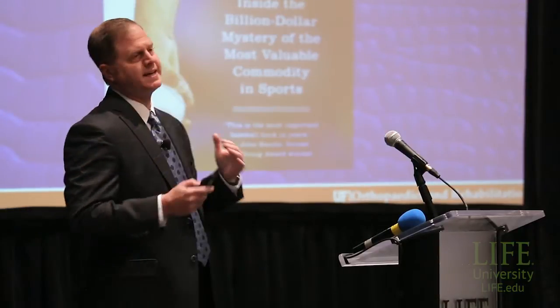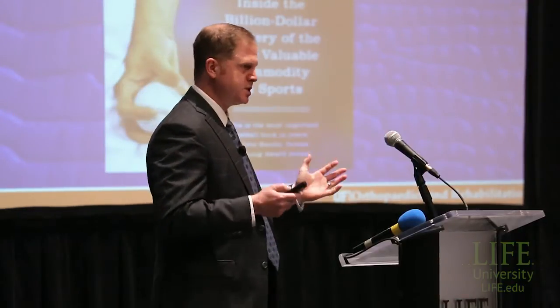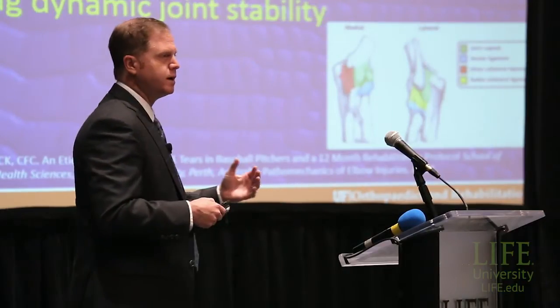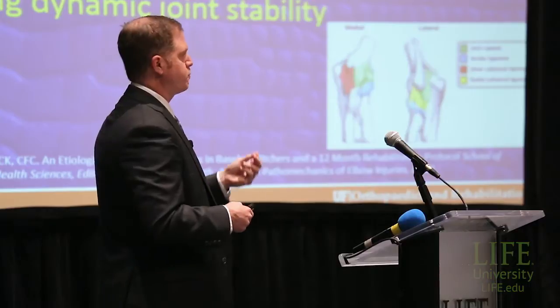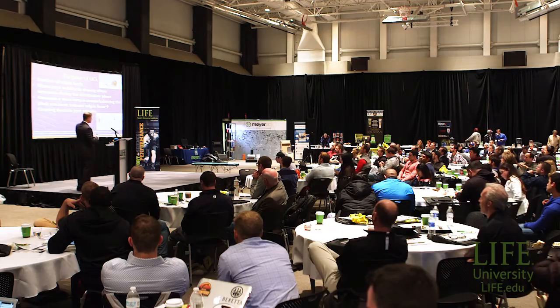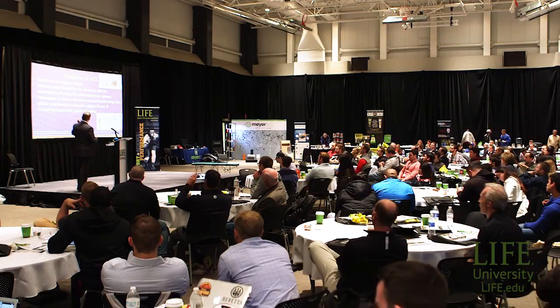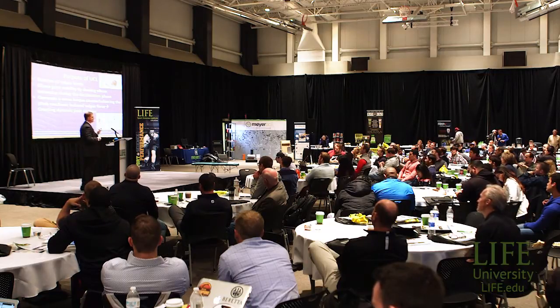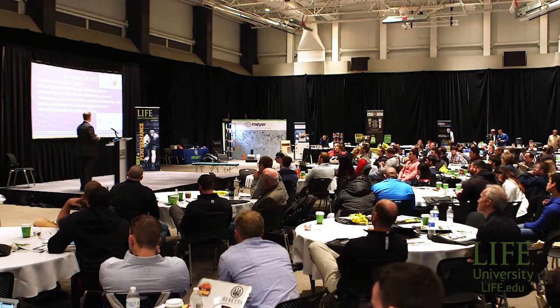So, what exactly is the UCL? What is the Tommy John ligament? Very briefly, why do we care? We care because the real purpose of the UCL, the reason it was designed, is to prevent and resist valgus loads, but it also provides stability. It provides stability in overhead throwing in particular, during the deceleration phase of throwing or pitching.